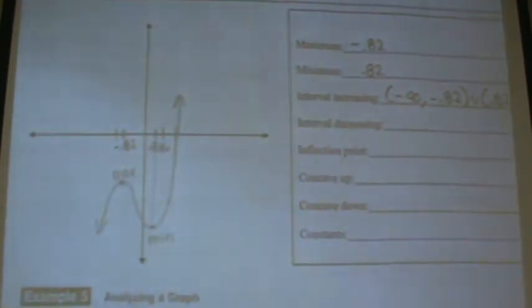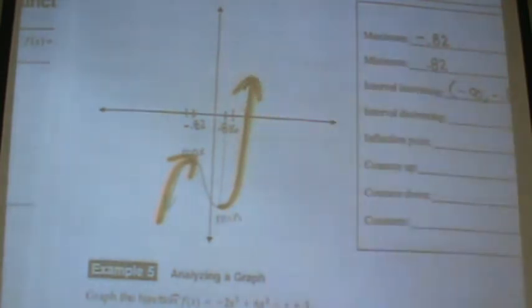I'm gonna use a highlighter here and show you where it's increasing. We don't read a graph this way, we go this way. So from this X value all the way there, our graph is increasing, and from here, it is also increasing. What is it doing between -0.82 and 0.82? It's decreasing. So that's our interval where it's decreasing.